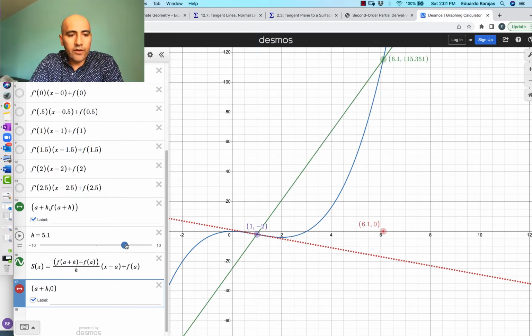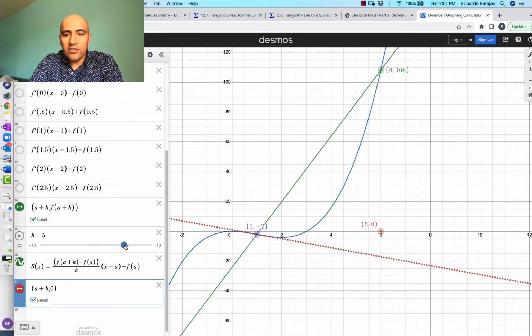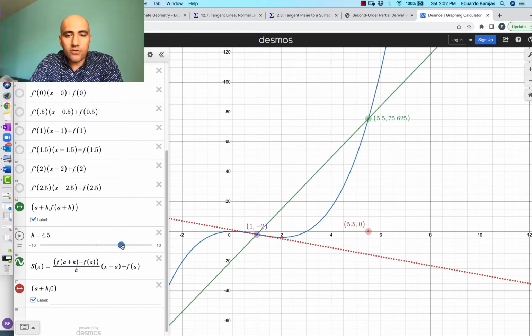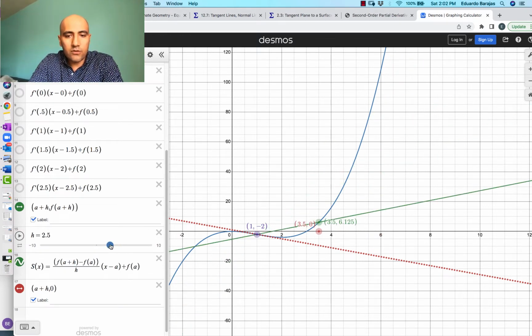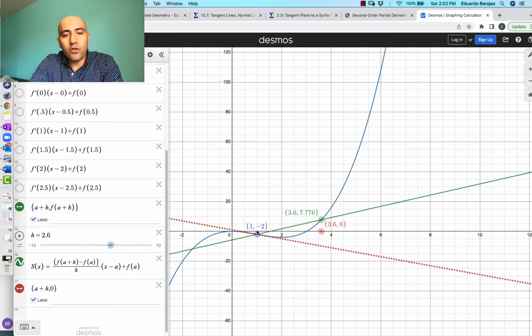So let's get back over here to h equaling 5. When h equals 5, the input value is 6, and then we evaluate the function at 6, which gives us, at this point, 108. As h gets closer and closer to 0, this red dot gets closer and closer to the purple dot. The input value here gets closer and closer to 1.